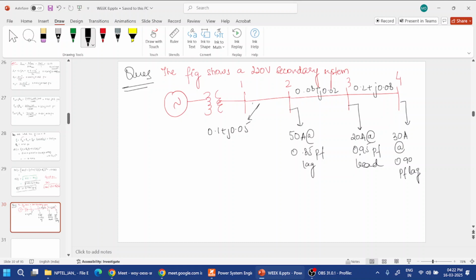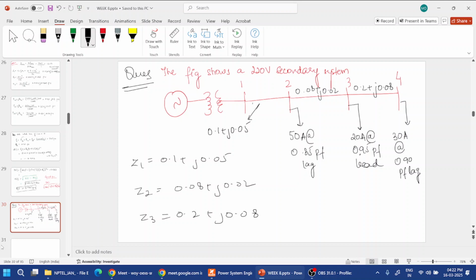So these are given. Let me write it down here. Z1 is 0.1 plus j0.05, Z2 is 0.08 plus j0.02, and Z3 is 0.2 plus j0.08.